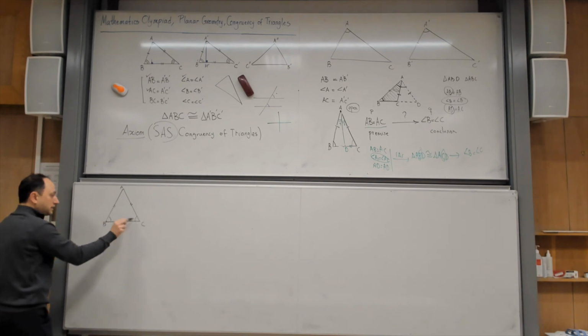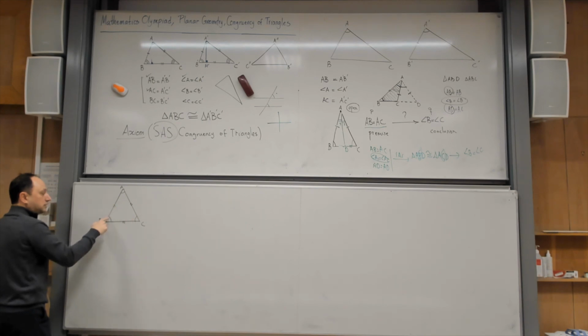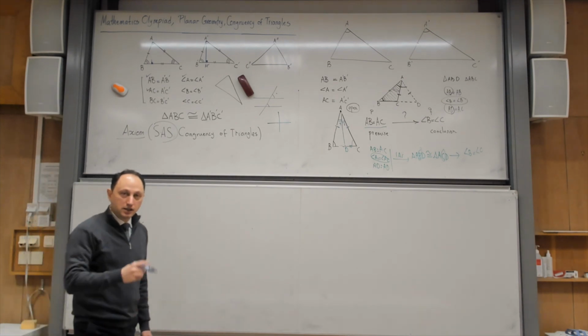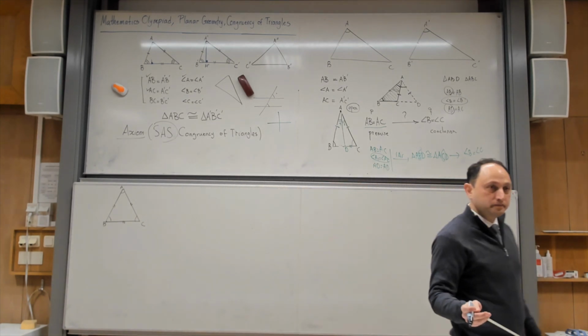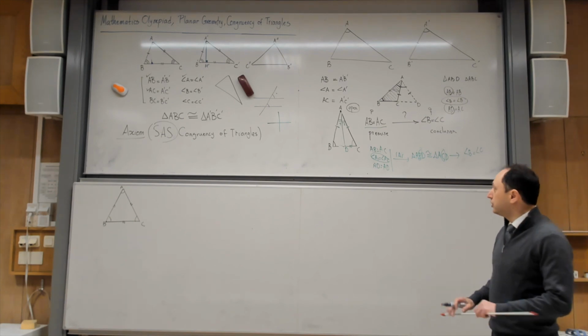Because this side is equal to that side, this angle opposite to this, which is A, is equal to the angle opposite to this, which is C. So on the one hand, B is equal to C, on the other hand, A is equal to C. So all these angles should be the same. And because the sum is 180, each one of them should be 60. Yes, is that understandable? Okay. So now you know the proof.